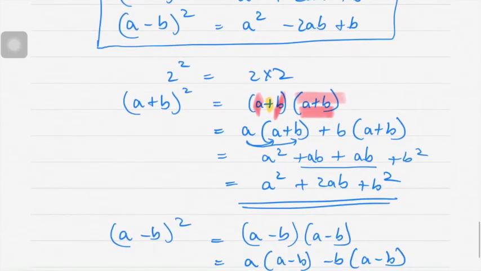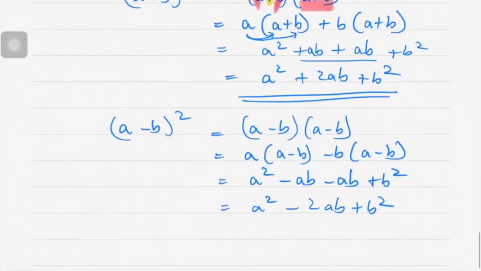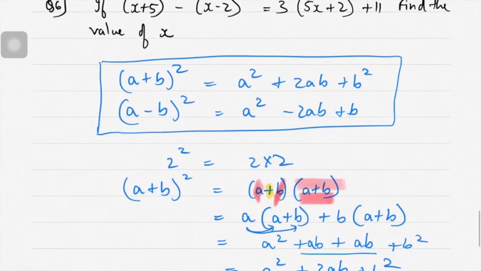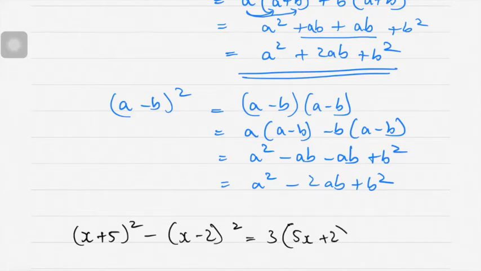Okay, we will use this formula and we will solve the above question. So, (x + 5)² − (x − 2)² = 3(5x + 2) + 11.